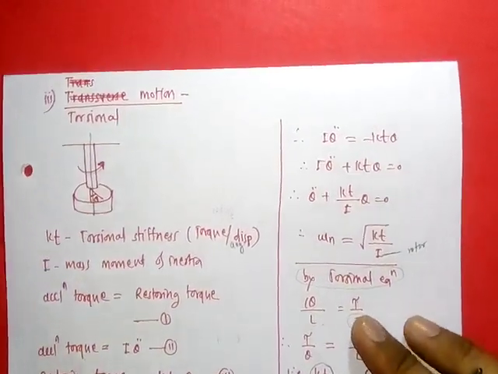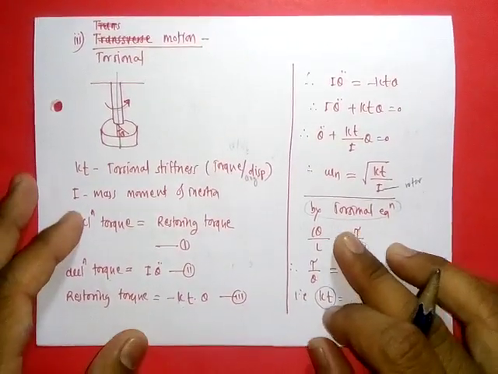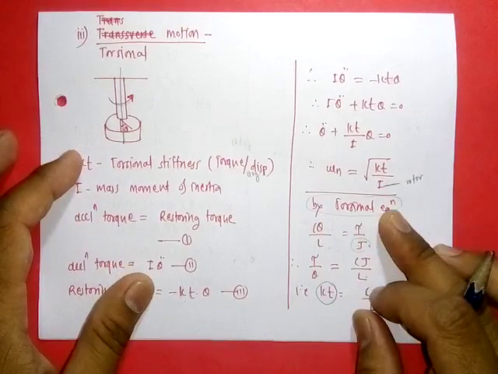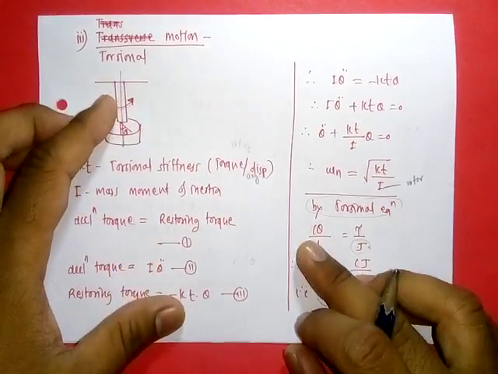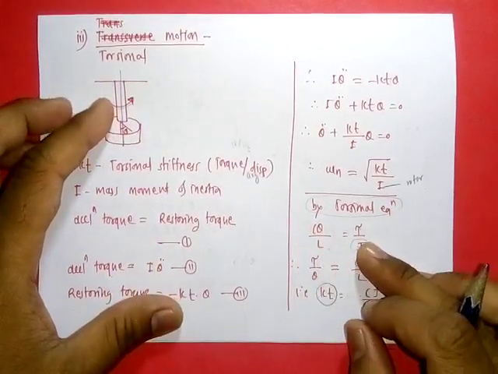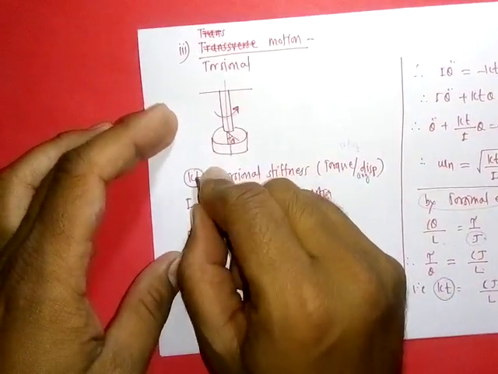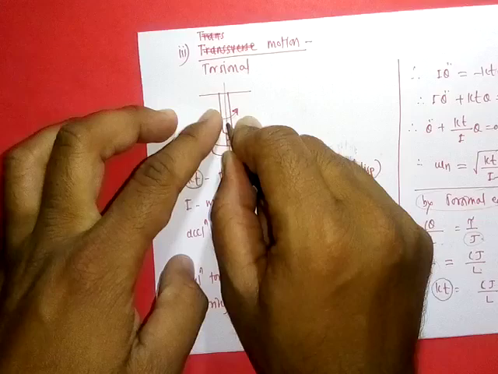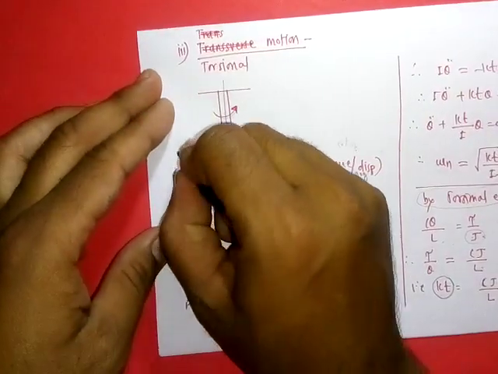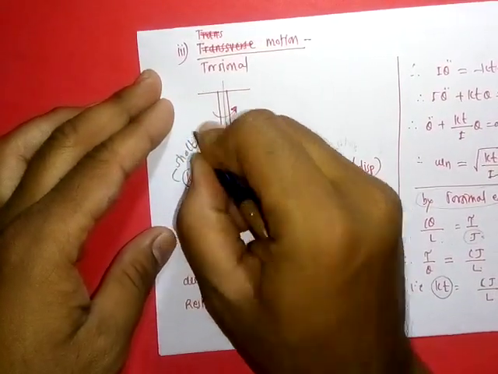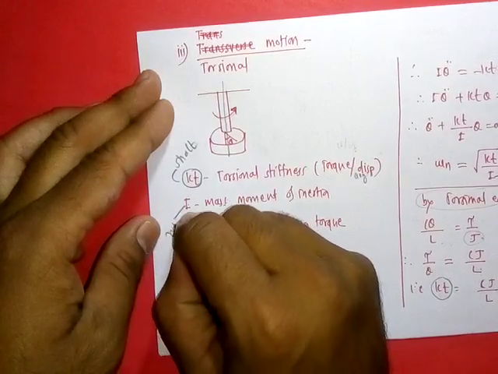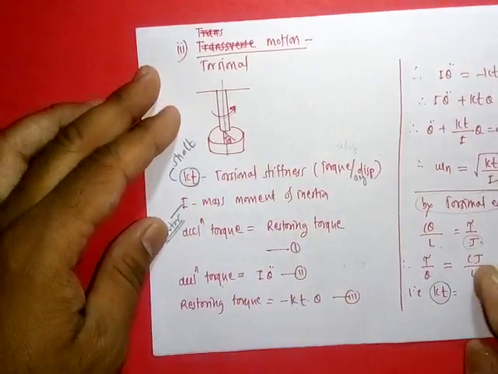Then additional information: we have the torsional equation for this shaft, that is C theta upon L is equal to T upon J. Here consider this torsional stiffness is of the shaft, material property, and I is for the rotor.